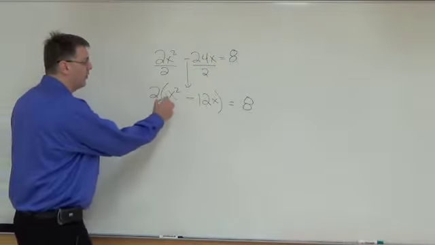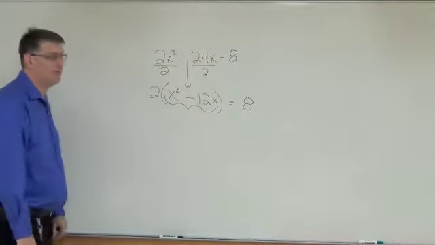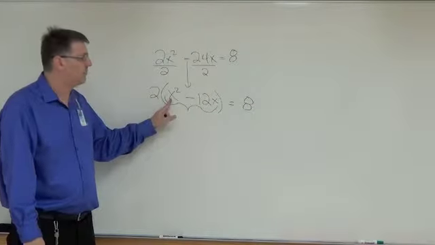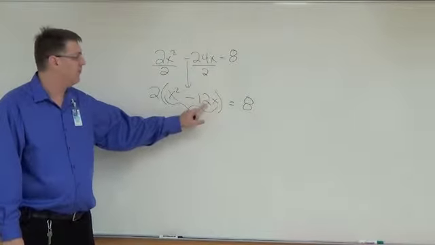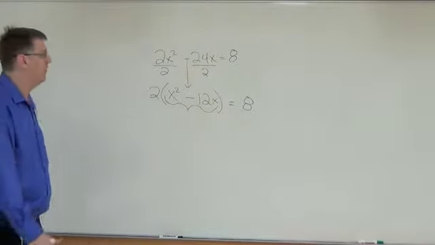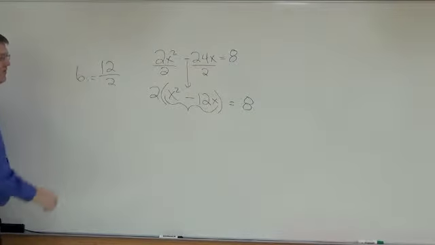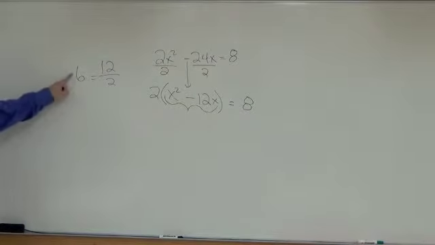From here, we're going to complete the square inside the parentheses. Once again, you just simply look, I got my square term, I have my single term, I take the number in front of the single, which is 12. You're going to do 12 divided by 2. That gives you 6. This is going to be your factor when we factor on the next step.